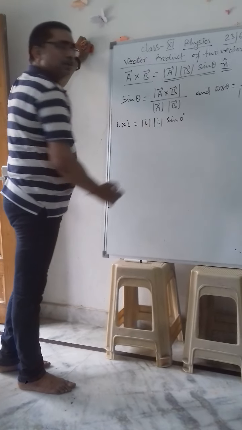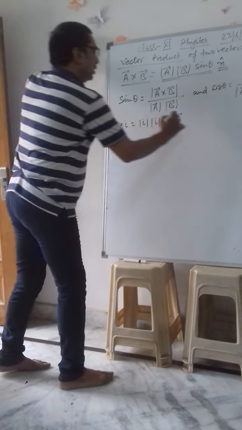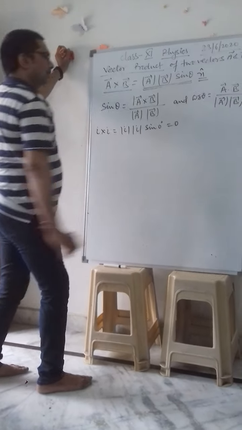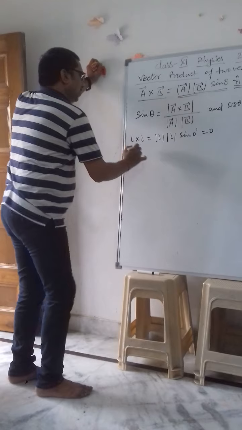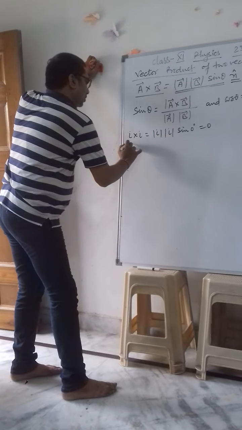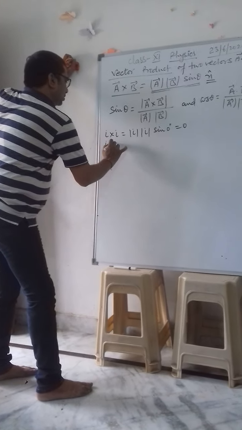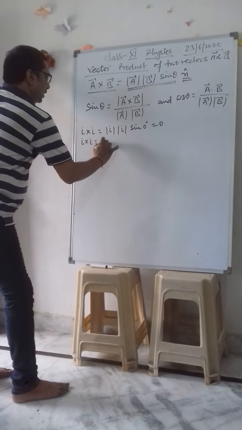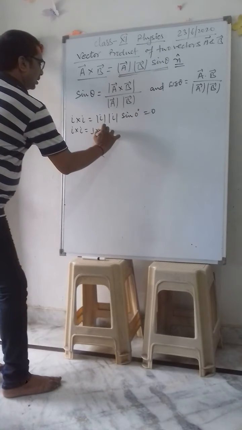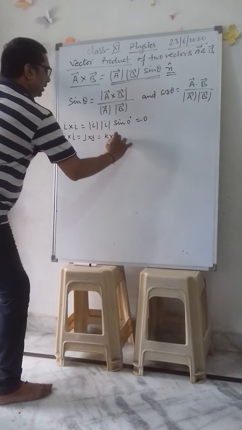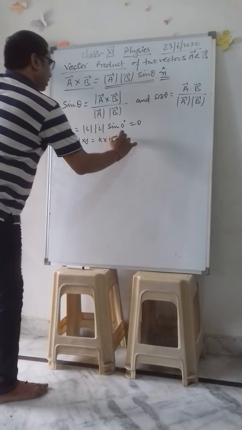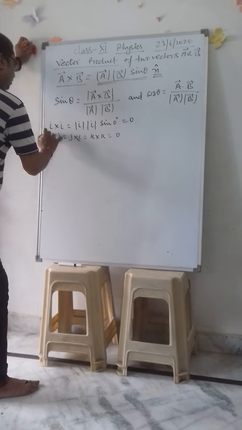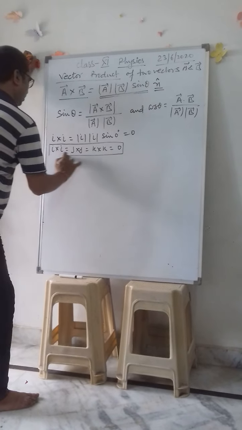Then sin 0 is 0, so its value is 0. Then we can find the important formula: I cross I equal to J cross J equal to K cross K, always 0. We find the value 0.